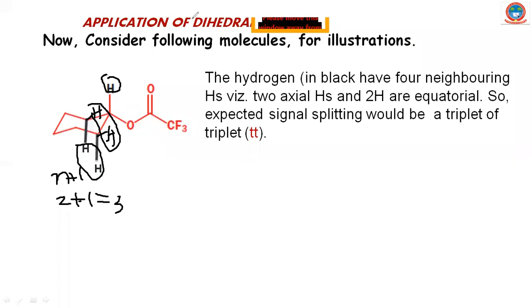Axial, why is it correct? Why axial? Because it's near. Why equatorial? Maybe axial because it's more near to it.